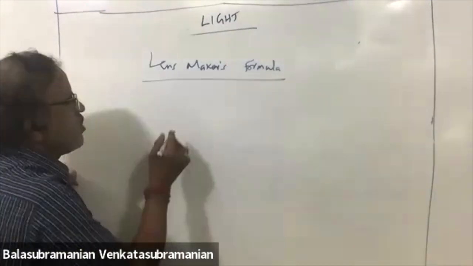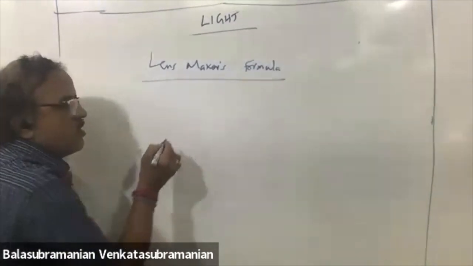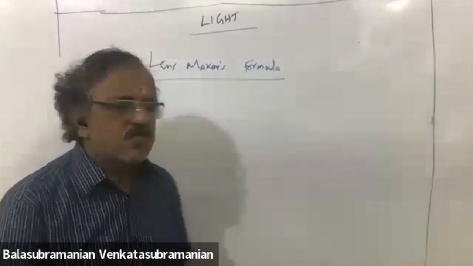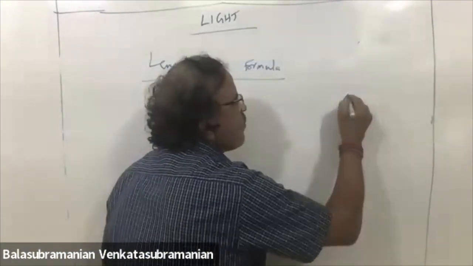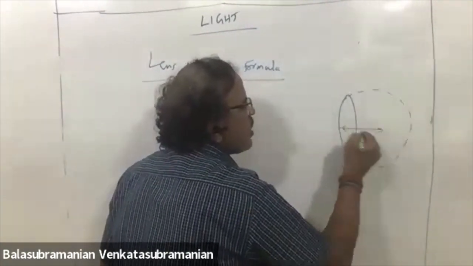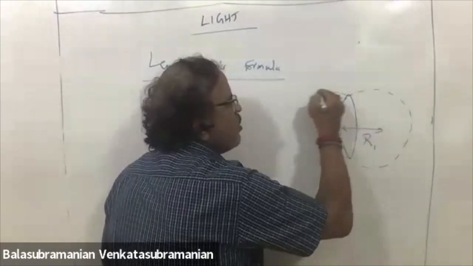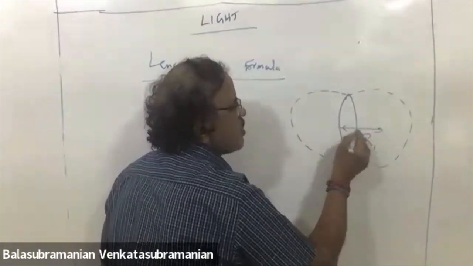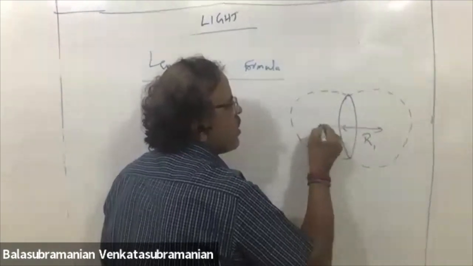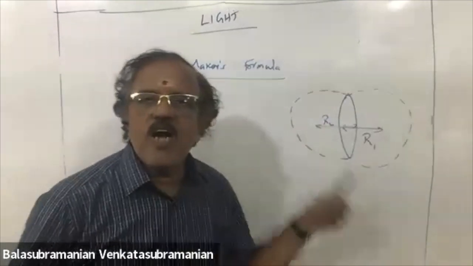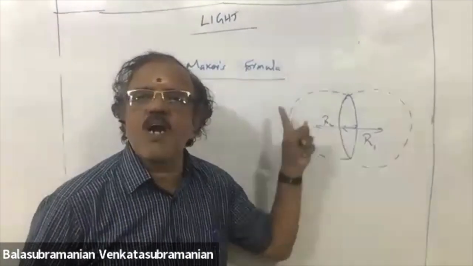Meaning, sir, in the case of a lens, we have two spherical surfaces. Two spherical surfaces means you complete this point. This is called radius of curvature R1. You complete this side. The radius of curvature for this one, R2. So your formula should include both R1 and R2.